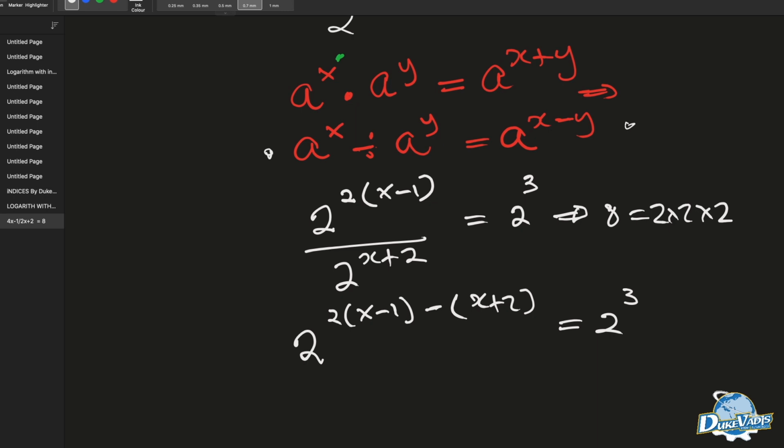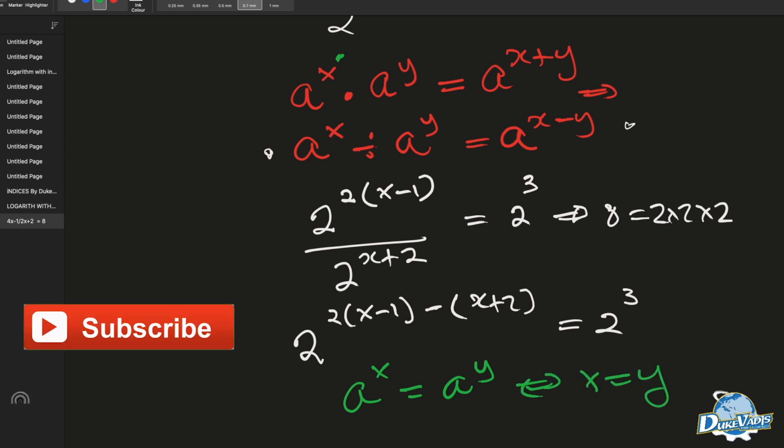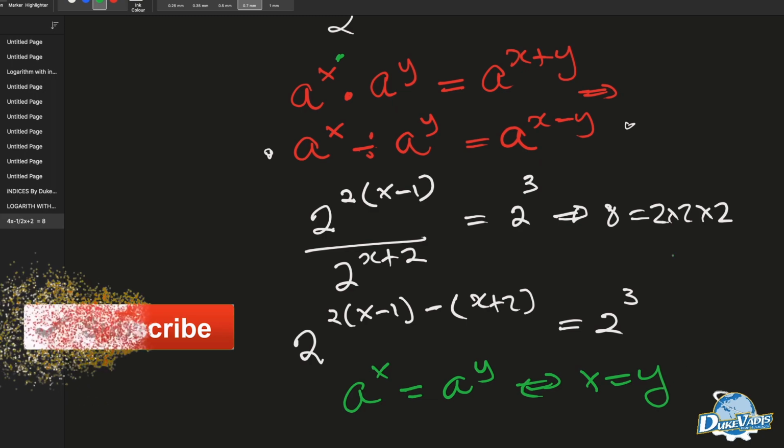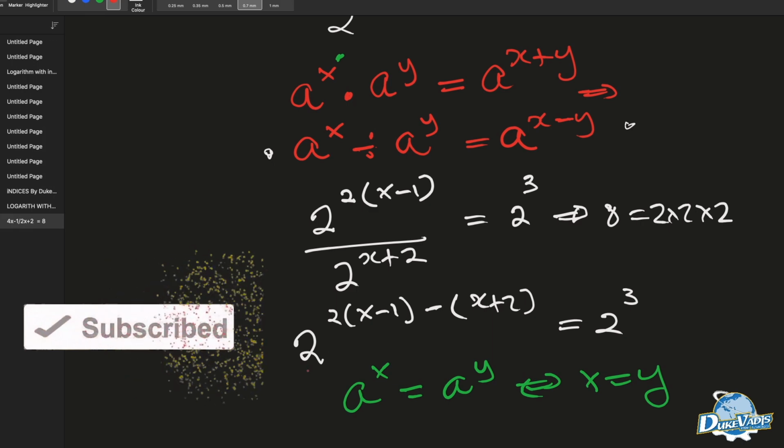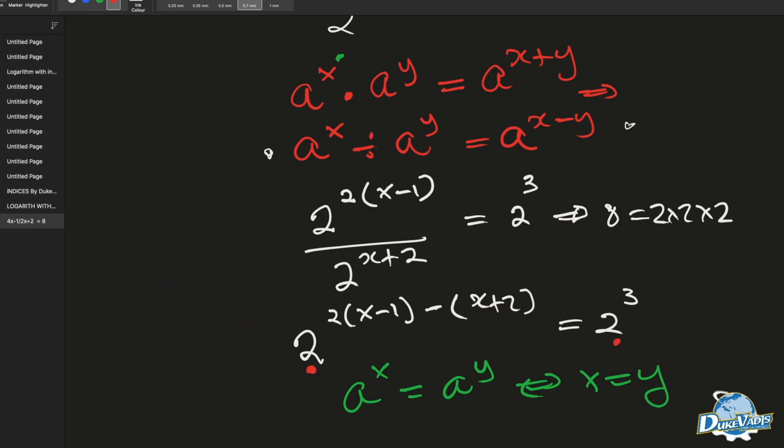Let's recap. The last time we saw that if we have a raised to the power x equals a raised to the power y, then this implies that x is equal to y. If that is the case, let us look at our equation very well. We can see that we have 2 and 2 over here.